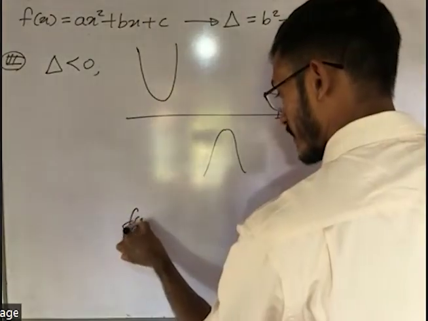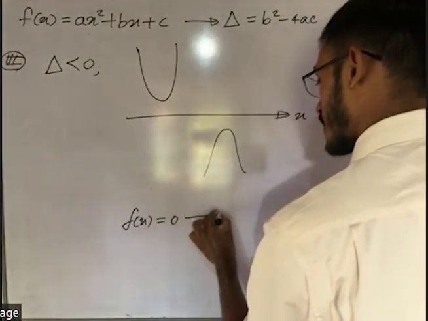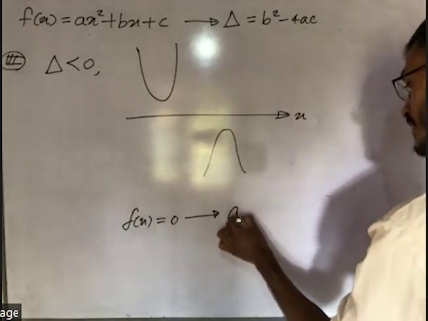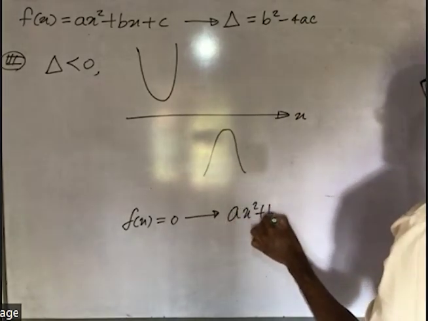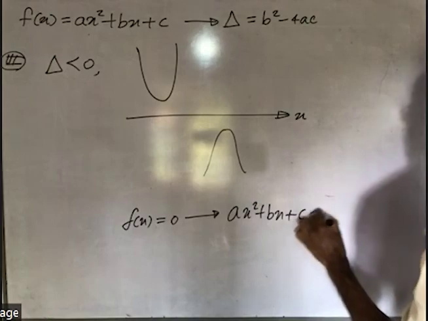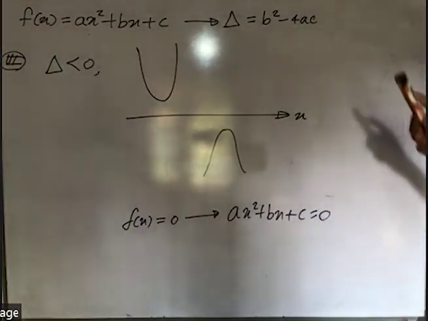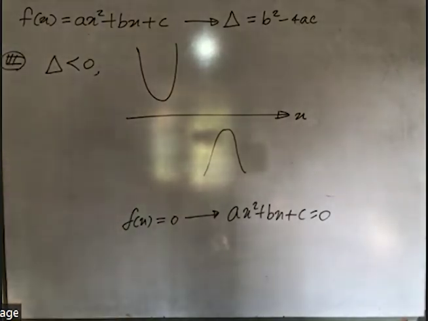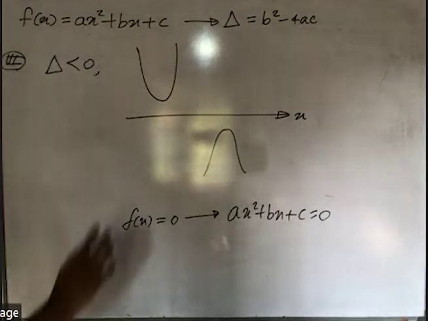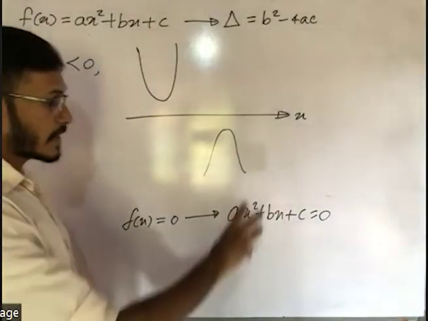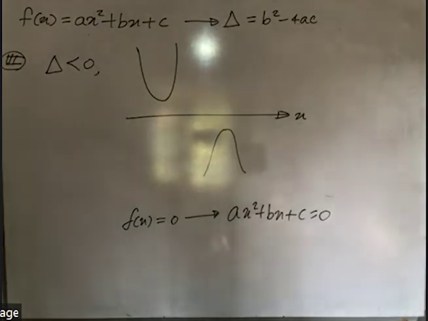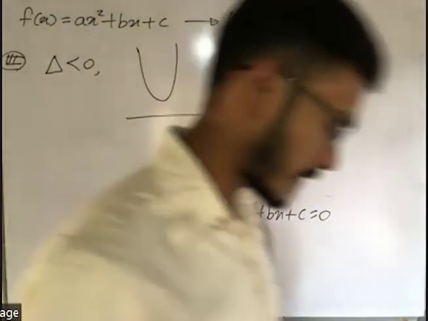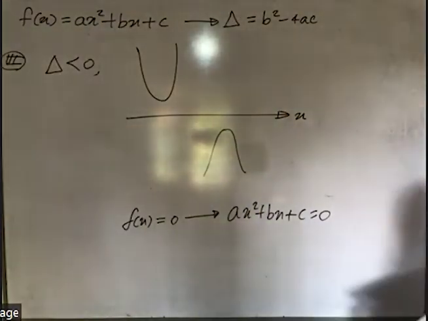So when f(x) equal to 0, here also we can develop a quadratic equation ax square plus bx plus c equal to 0. Now there are no intersection points in this quadratic function, so this quadratic equation has no real roots. So these are the three situations, and these are the three types of quadratic equations you can develop from this quadratic function, right? I think you have understood that.